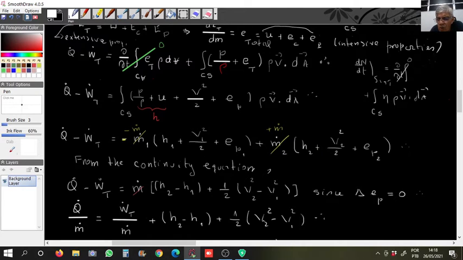Rho is 1 over v. v is the specific volume, and rho is the specific mass, and v is the inverse, the specific volume. The product rho v is equal to 1.